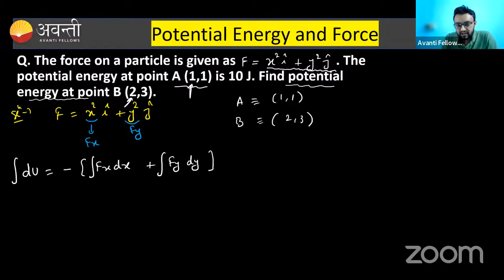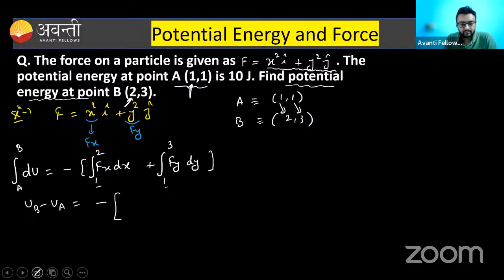So in the X direction, the limit is from 1 to 2. In the Y direction, the limit is from 1 to 3. And the limit is from A to B, because we are dealing with A as the lower limit and B as the upper limit. So UB minus UA is equal to, negative is already there. Now place the values.